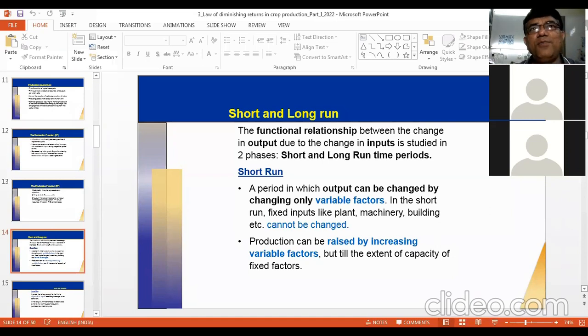It is not that the fixed factor can bear any number of variable factors. If a tractor is run by one driver, you cannot put 20 drivers on the tractor. The tractor is a fixed resource and your labor is a variable resource. So there needs to be some ideal combination of variable factors and fixed factors.